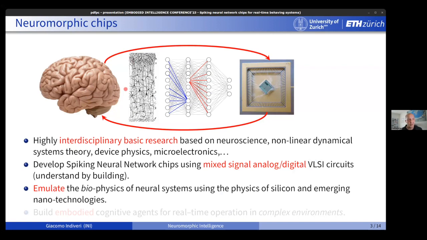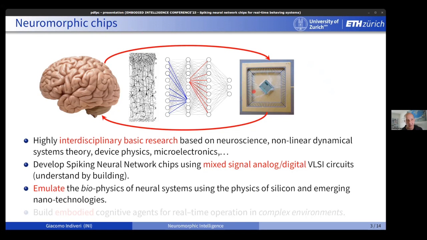We try to derive from the neuroanatomy the models, also by looking at AI, artificial intelligence models that can carry out different types of computation that are useful for robotics, from even filtering or measuring the angle of a joint to controlling a robotic joint, to making decisions and controlling everything with silicon neurons, and by connecting them together using analog circuits for doing the dynamics, and then digital circuits for actually connecting neurons together, we can actually emulate the biophysics of neural systems. And we try to see if we can get some intelligence, or if you want, cognitive performance out of these chips.